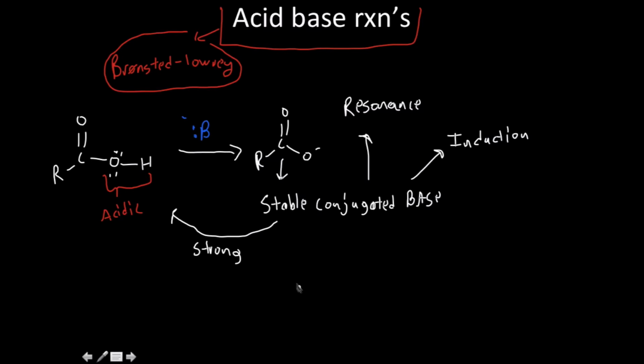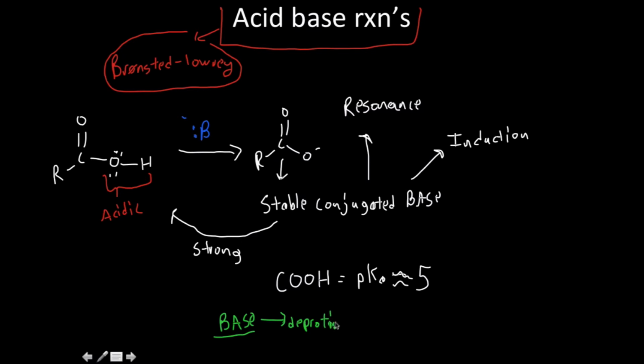Okay, so all carboxylic acids on average have a pKa value of approximately 5. So that's a strong acid, at least for an organic acid. That's incredibly strong. So in order for a base to be able to deprotonate this, remember that all reactions in chemistry proceed towards a more stable equilibrium.